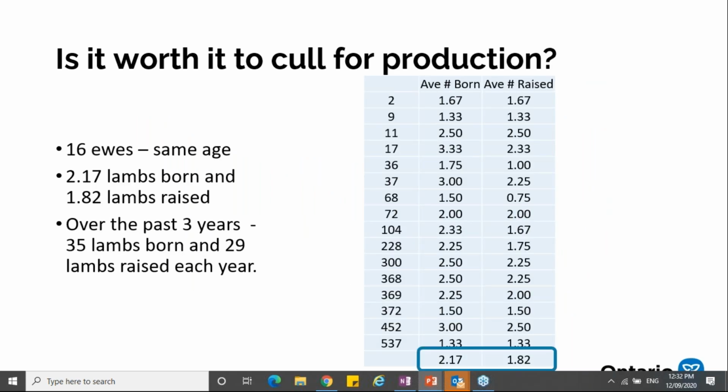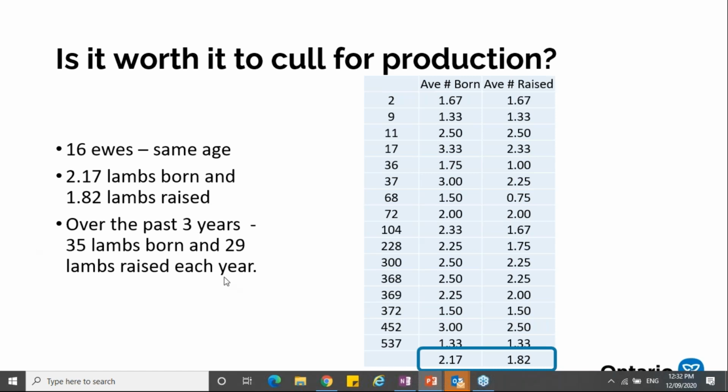And so let's look at an example using individual ewes. This little example here, again, it's 16 actual ewes. It's data from years ago. These 16 ewes were all born at the same time, so they're all the same age.